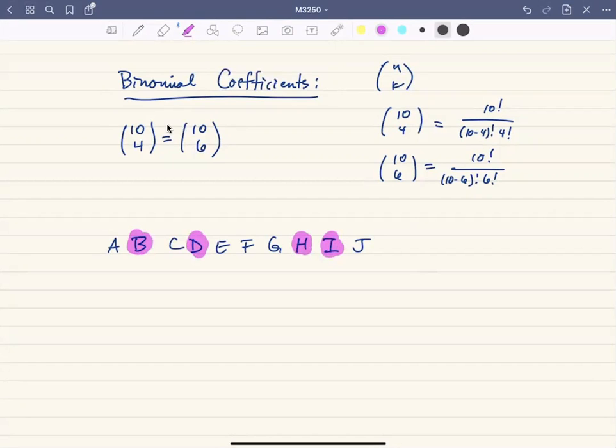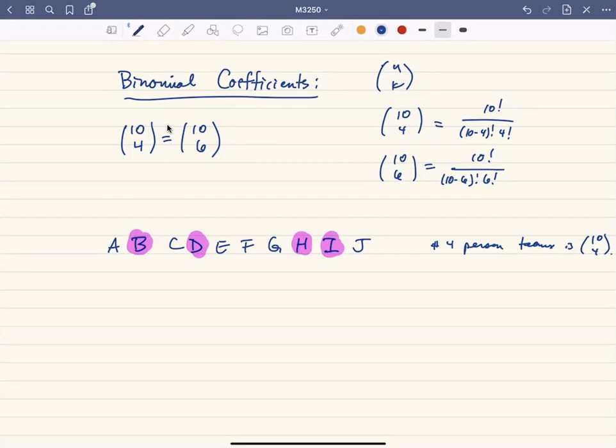Counting these is a pretty laborious process, but we know that the number of 4-person teams to go is 10 choose 4. So the number of ways to pick 4 people out of this team to go give a talk to a client is 10 choose 4.